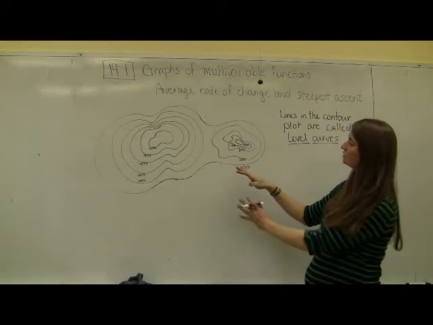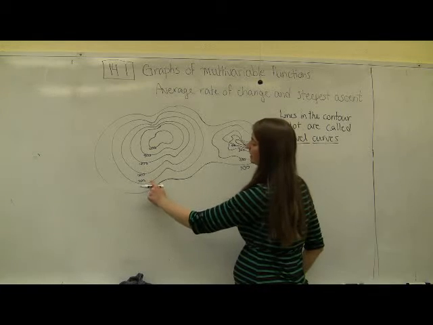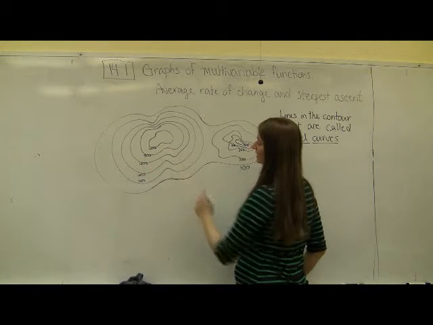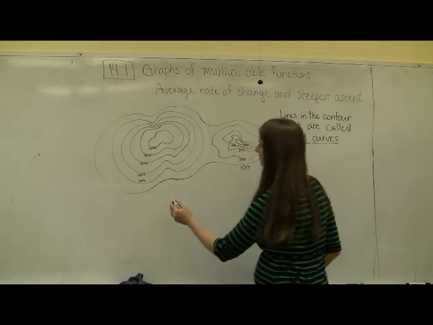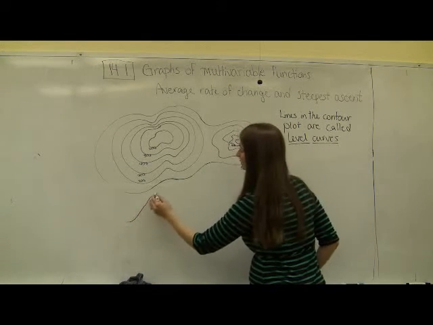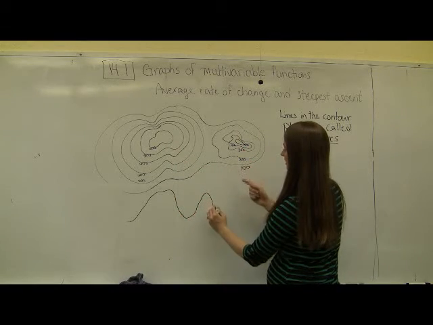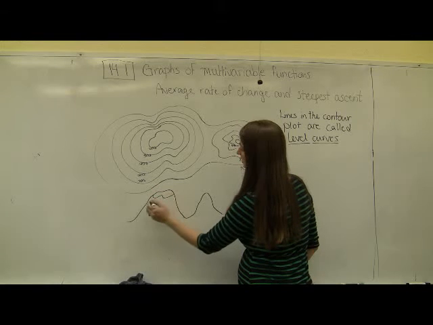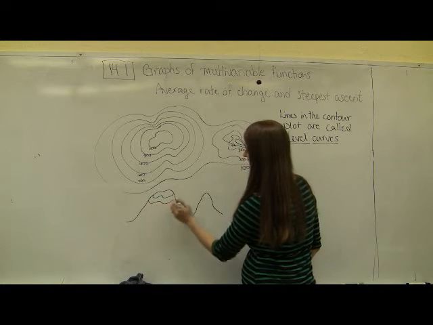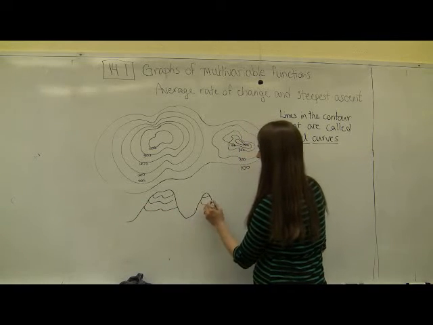And if I were to try to visualize what this contour plot is telling me, it looks like my heights get higher and higher as I go this way, and they also get higher and higher as I go this way. It's like a mountainside that has a peak up here at 600 and then a smaller peak over here at 500. Each of these curves is tracing out a slice of this mountainside.